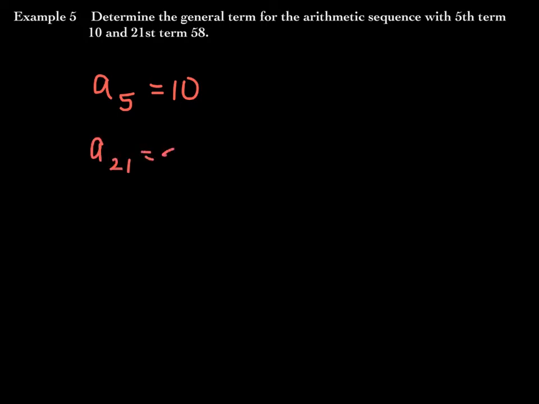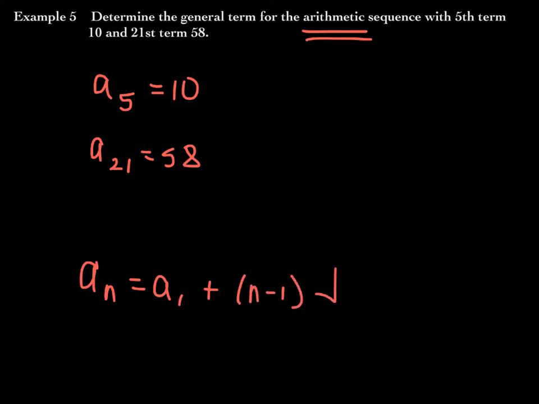Now, because this is an arithmetic sequence, all of the terms within the sequence must be described like the following: a sub n is equal to a sub 1 plus n minus 1 times d, right?